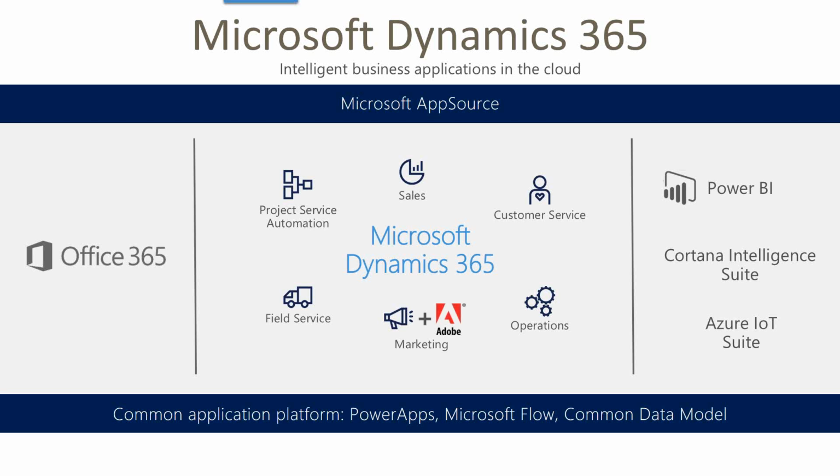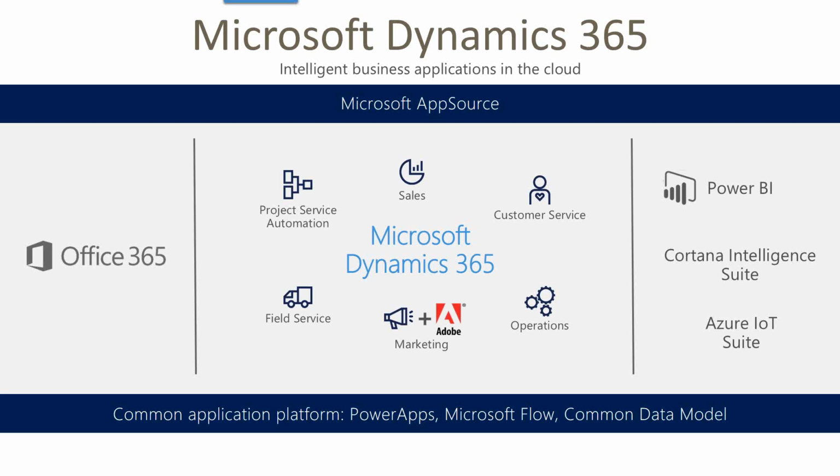It lists all the big pieces: project service automation, sales, customer service, field service, marketing, and operations, alongside Office 365, Power BI, Cortana, the Azure IoT stuff, and last but not least, Power Apps, Microsoft Flow, and the Common Data Model.